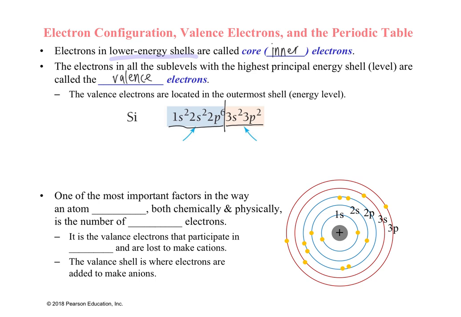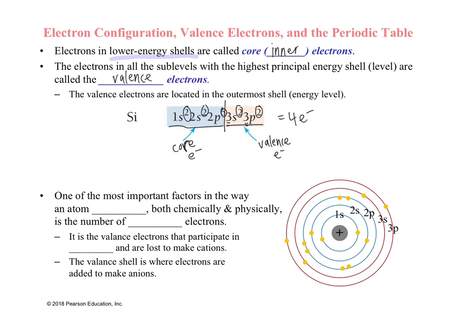And the higher energy levels, so 3s, 3p, this is the highest energy that these electrons are going to be placed in, and those are the valence electrons. So in this case, there are 4 valence electrons in silicon, and the other 10 are core electrons.